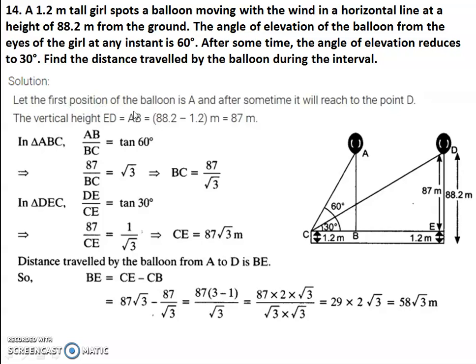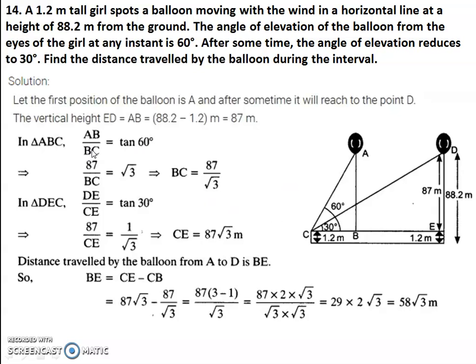Let the first position of the balloon be A, and after some time, it will reach the point D. The vertical height ED is equal to AB is equal to 88.2 minus 1.2 meter. I told you this is the distance from the line of sight. That is why you are subtracting 1.2 from 88.2.